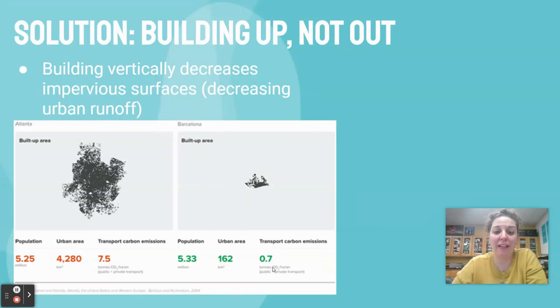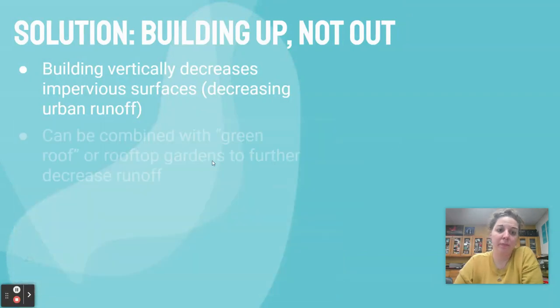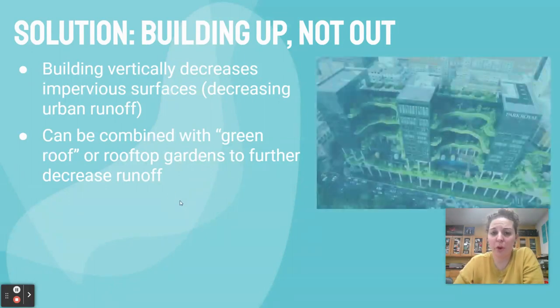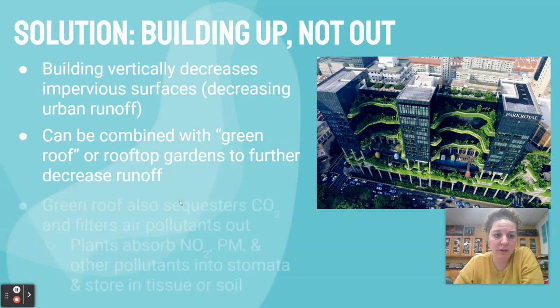Okay, so when you look at the total amount of carbon dioxide that every person is responsible for each year, less than 10% of that per person is from transportation. So it's pretty good. So we can combine this idea of building up, not out, with a green roof or rooftop gardens to further decrease runoff.